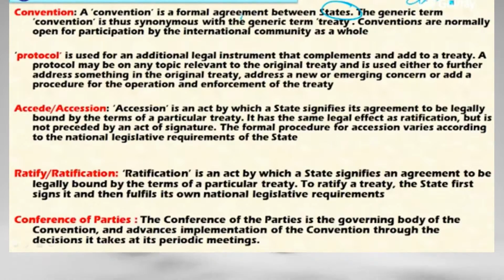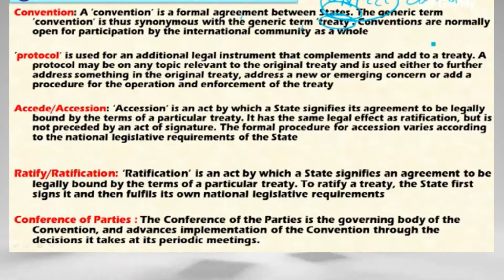To control greenhouse gases, the countries get together under the United Nations Framework Convention on Climate Change. They decided to reduce the global warming gases, that is carbon dioxide and other gases, through international cooperation as well as domestic control mechanisms. So this is called a convention. Here the generic name of convention is similar to that of a treaty, so it can be referred to as a treaty.